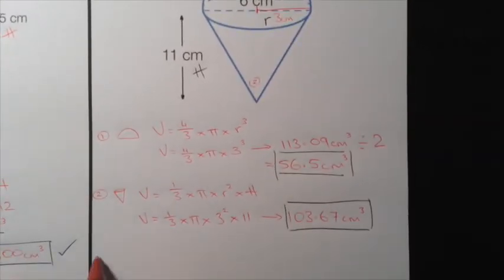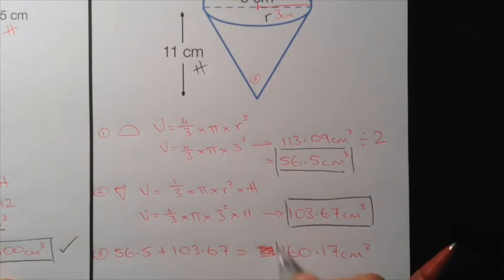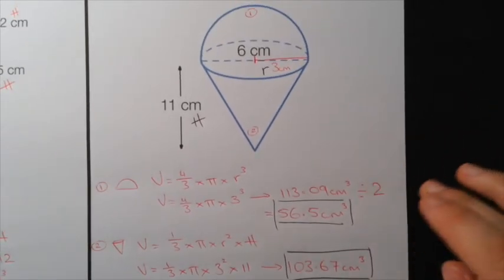So step number 3, we do 56.5 plus 103.67. When we add those together, we get 160.17 centimeters cubed. There's our answer for the final volume of that shape at the top.